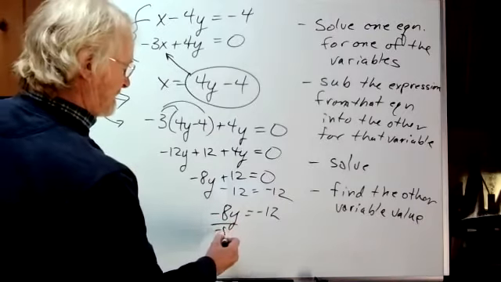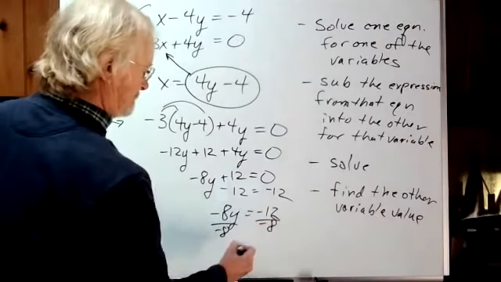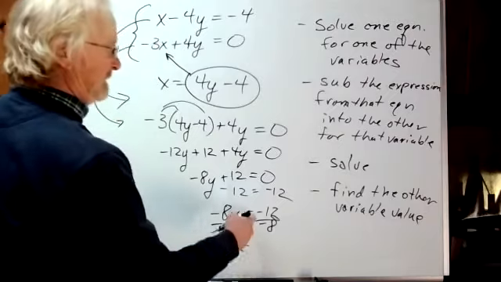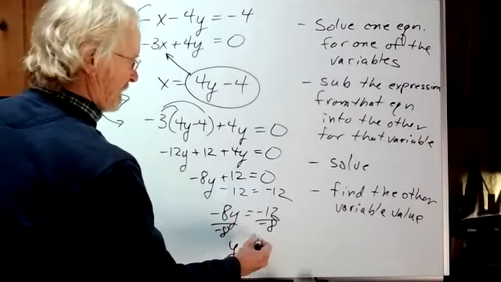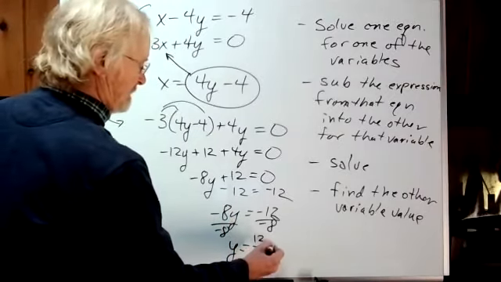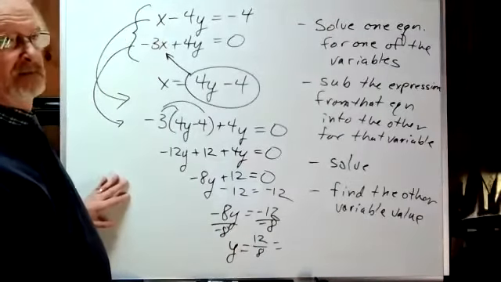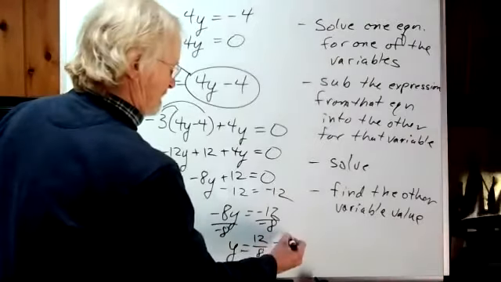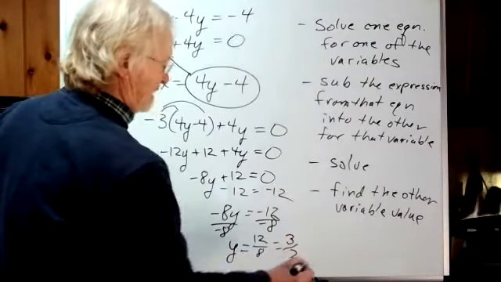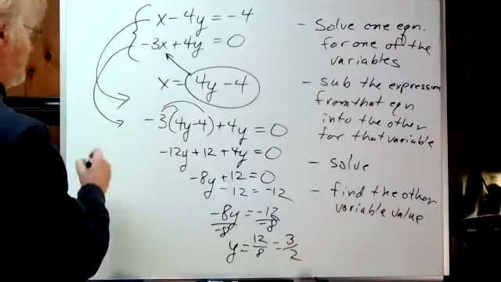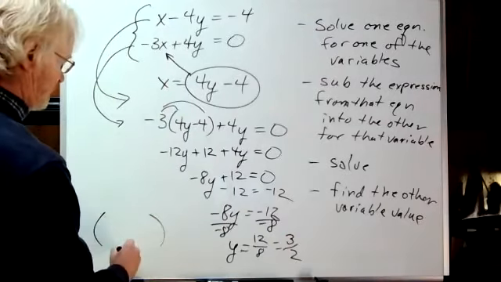Divide by -8. Y is negative divided by negative is 12/8. Reduce to lowest terms. Divide them both by 4 and get 3/2. All right, my y value is 3/2.